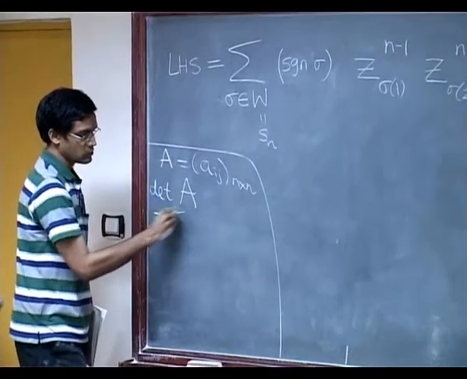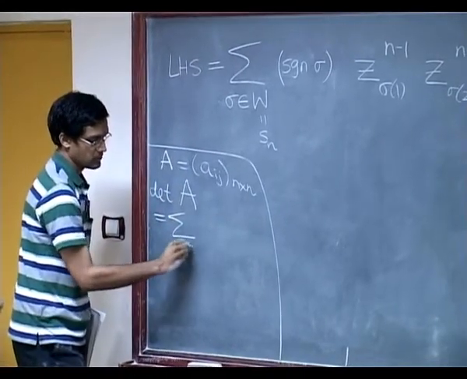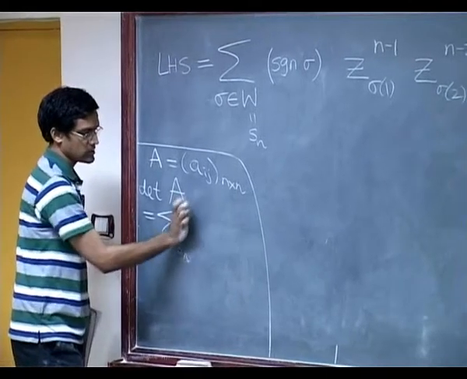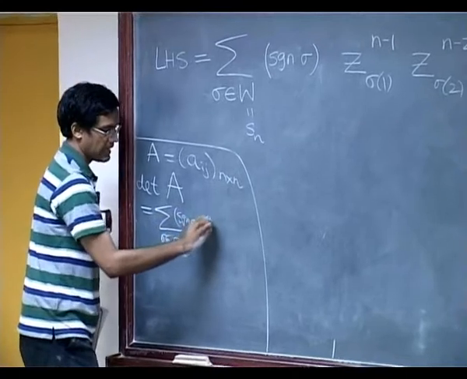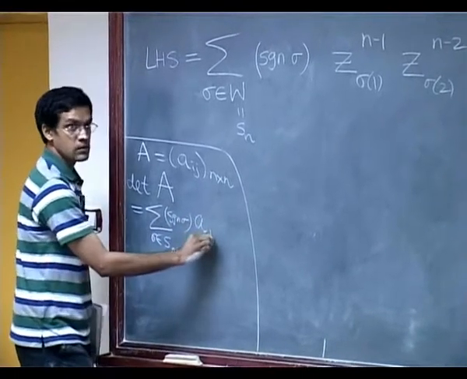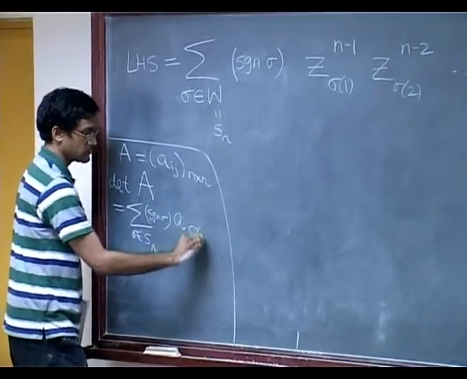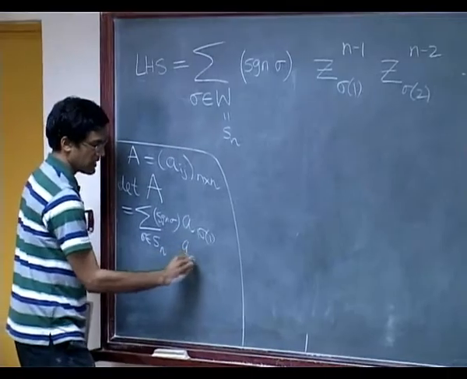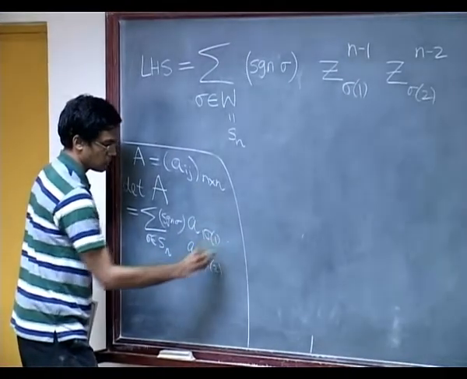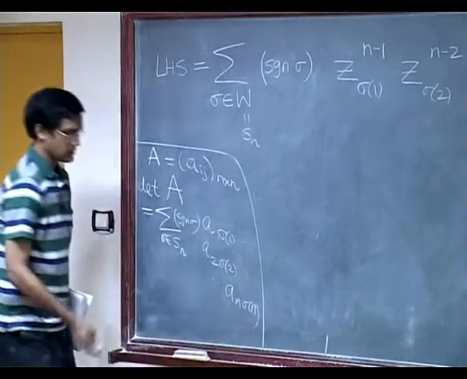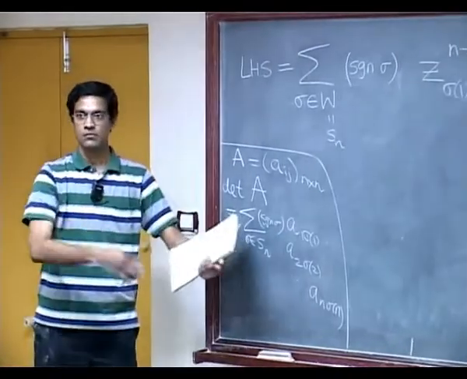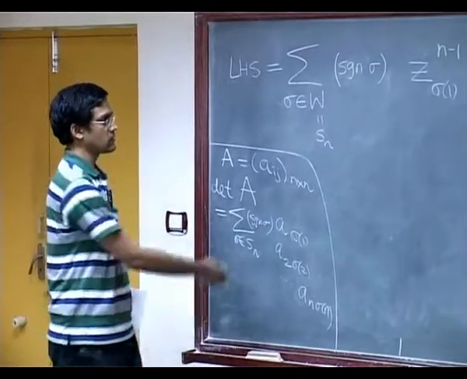You run over all permutations of n, you put the sign of sigma in front, and then you take A 1 sigma 1, the entry in the first row and sigma 1 column, times A 2 sigma 2, and so on, A n sigma n. That's how you would compute a determinant; the full expansion of the determinant looks like that.